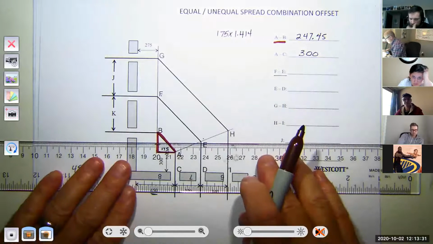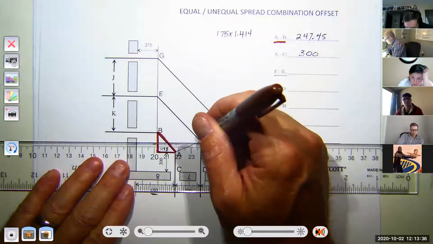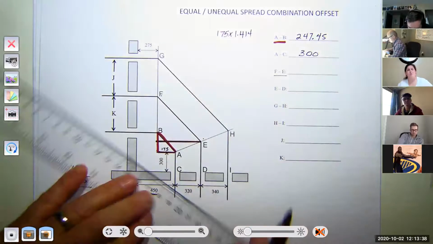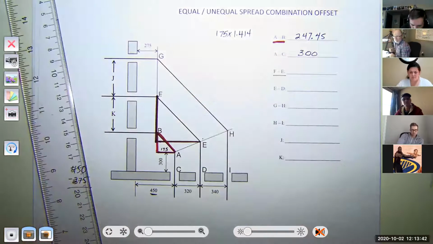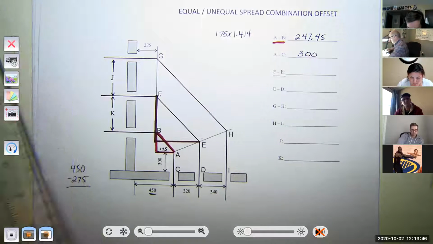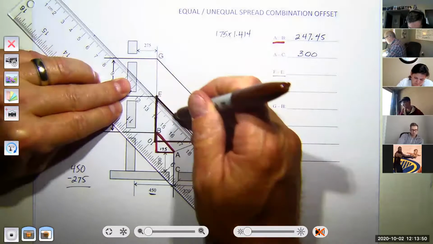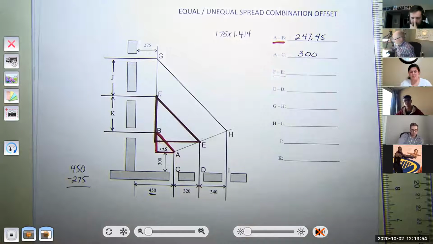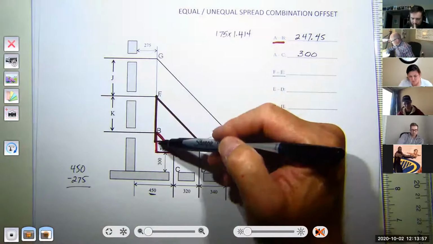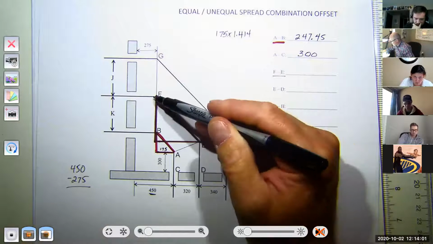So I'm going to draw a right angle triangle here, across FE. So I drew a right angle triangle right here.